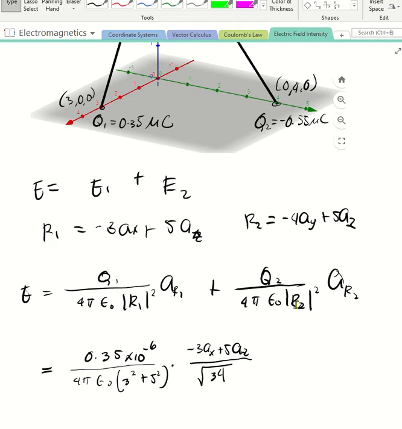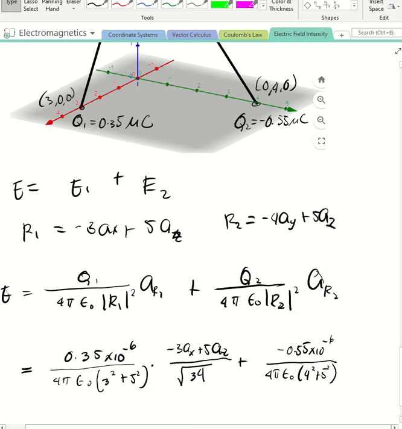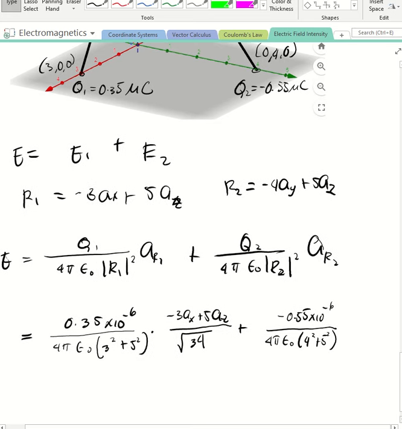And that will be the unit vector. Then you add the other one, plus Q2. Q2 is negative 0.55 times 10 to the negative 6. Include the negative, all over 4 pi epsilon naught. You multiply it with 4 squared plus 5 squared, 16 plus 25, and that's 41.